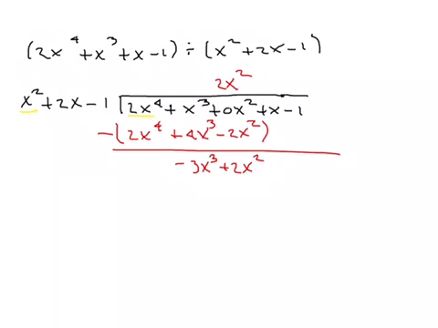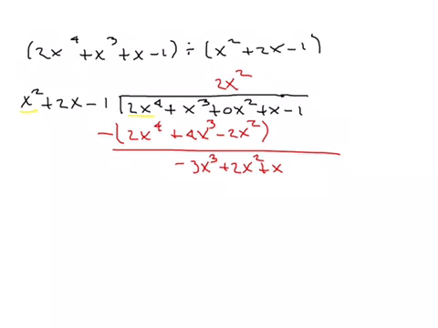I know I'm going a little fast, but I'm kind of looking at time here. So, don't forget, the next thing we're going to do is bring down our x. So we're going to bring down the next term, and we're going to repeat the process all over again. So if you would, continue. And I'll just do it aloud here.